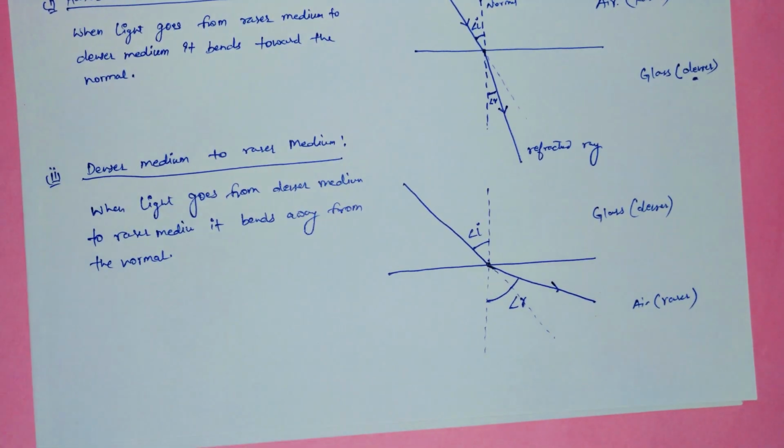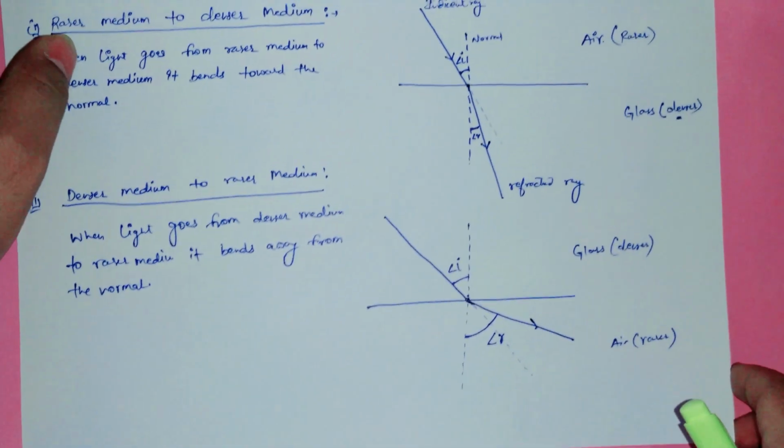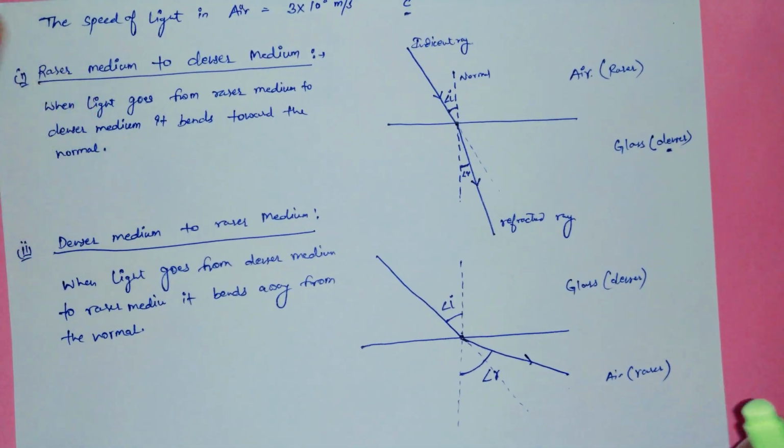So light can either bend towards the normal or away from the normal. These are the two possible cases. Light can go from denser medium to rarer medium or rarer medium to denser medium. We can tell either it is bent toward the normal or away from the normal. Clear? Okay.